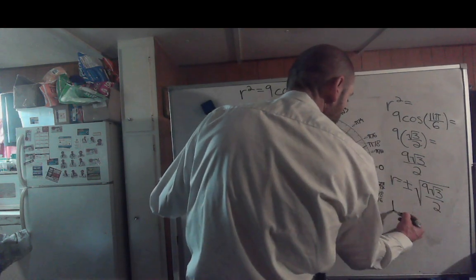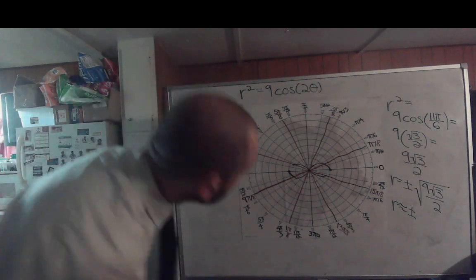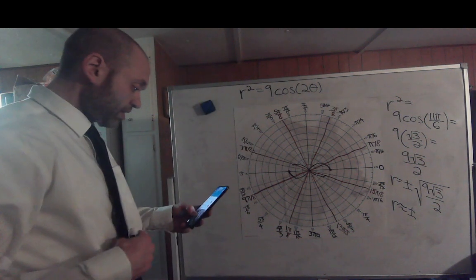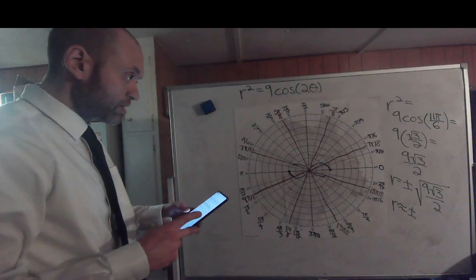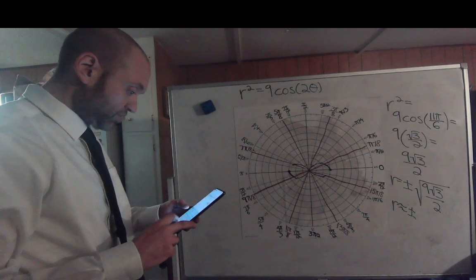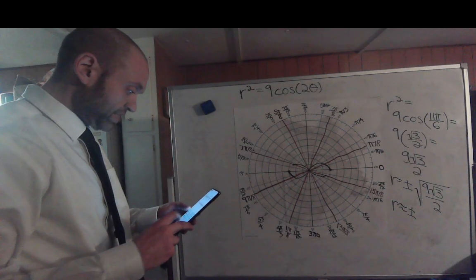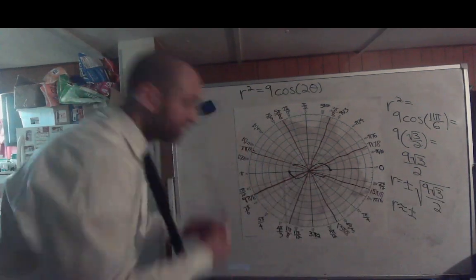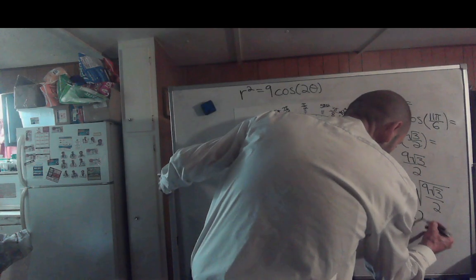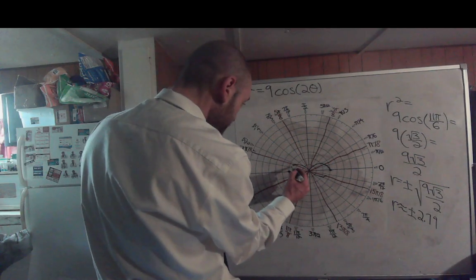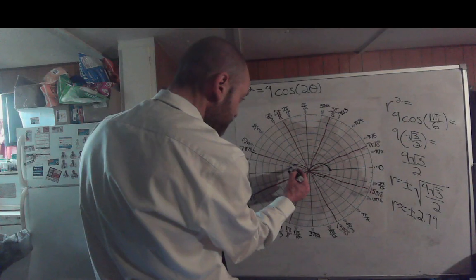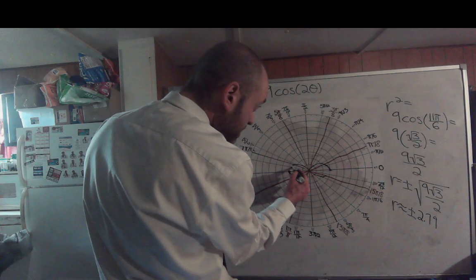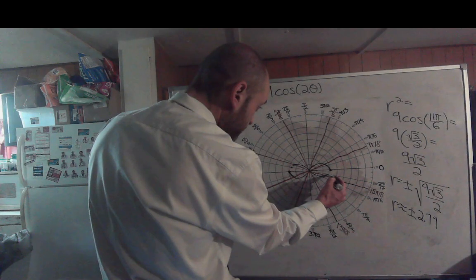So now we should be able to get some decimals. 9 times the square root of 3 divided by 2, now take the square root of that. You get approximately plus and minus 2.79, which is even a little bit greater. In the negative direction, you would end up at 23 pi over 12.